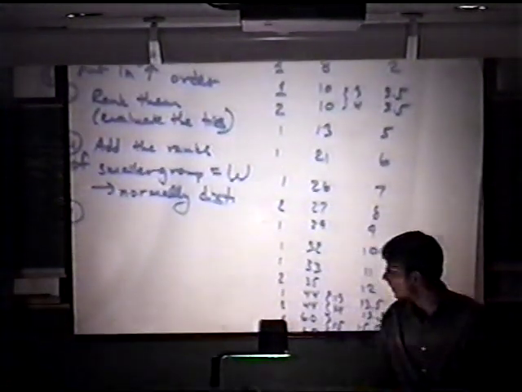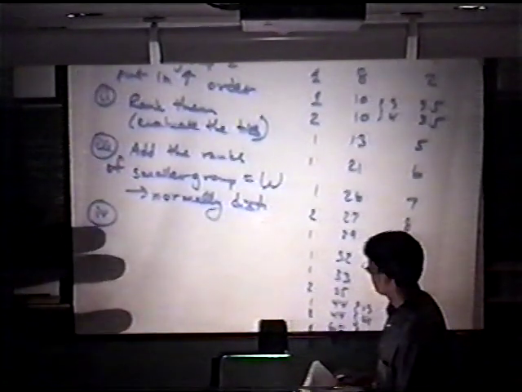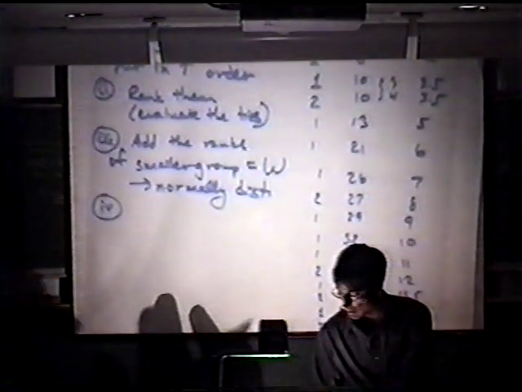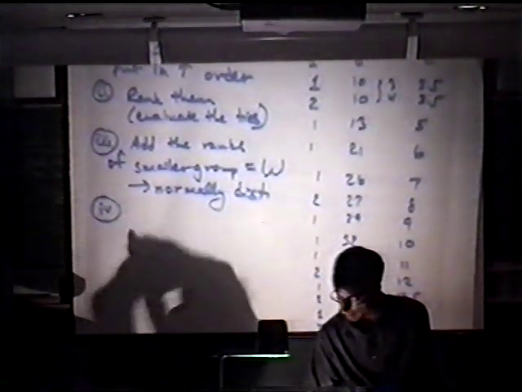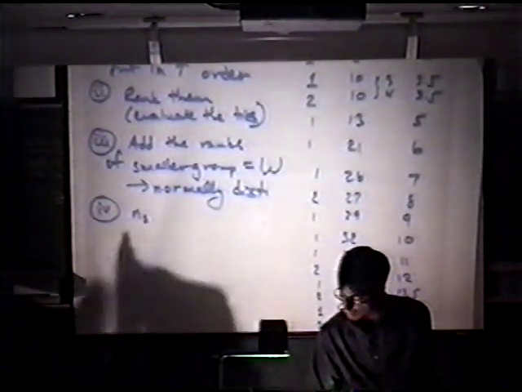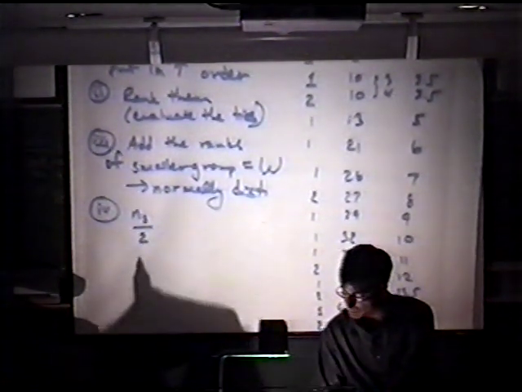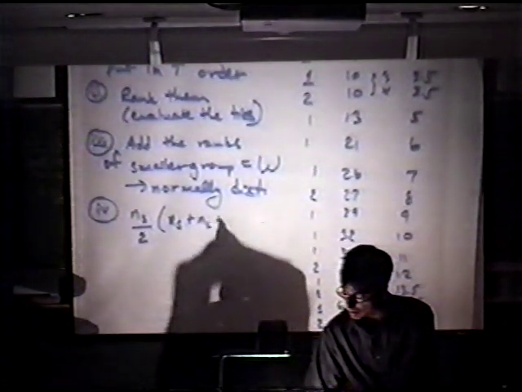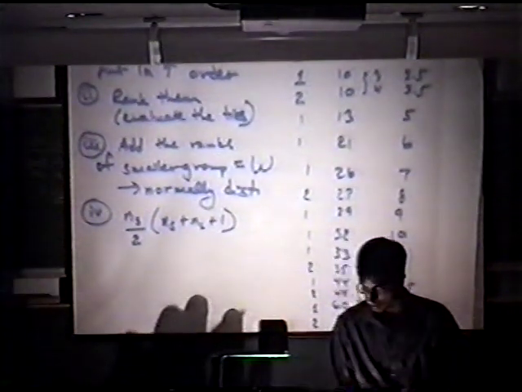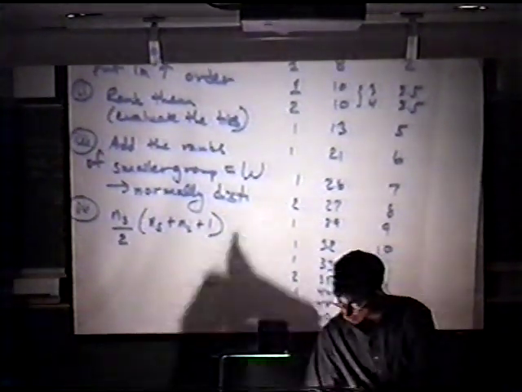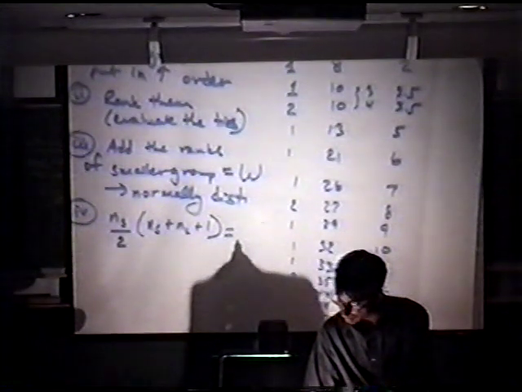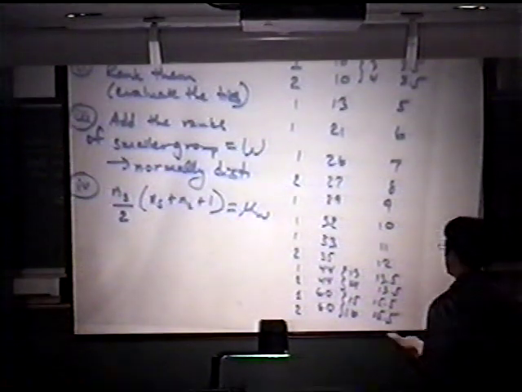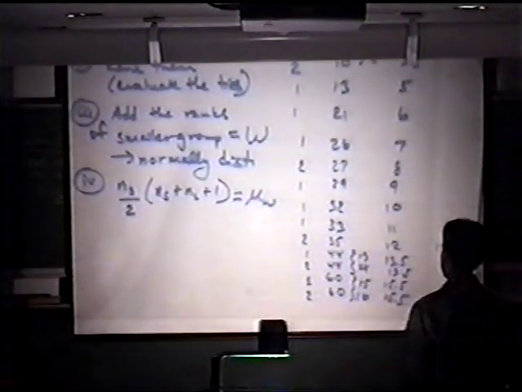And what is the expected value of W? It's very similar to the sign test: the number in the small group divided by 2, times the total plus 1, the same theory as the first step that we did, the sign step.